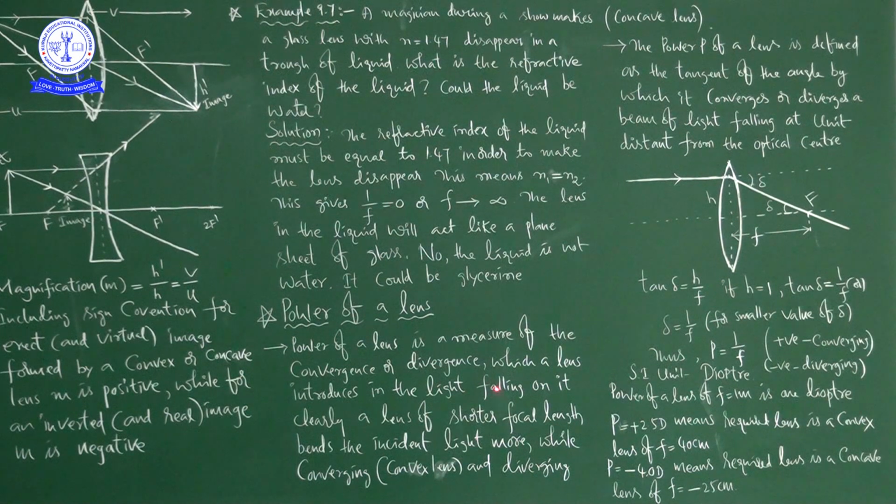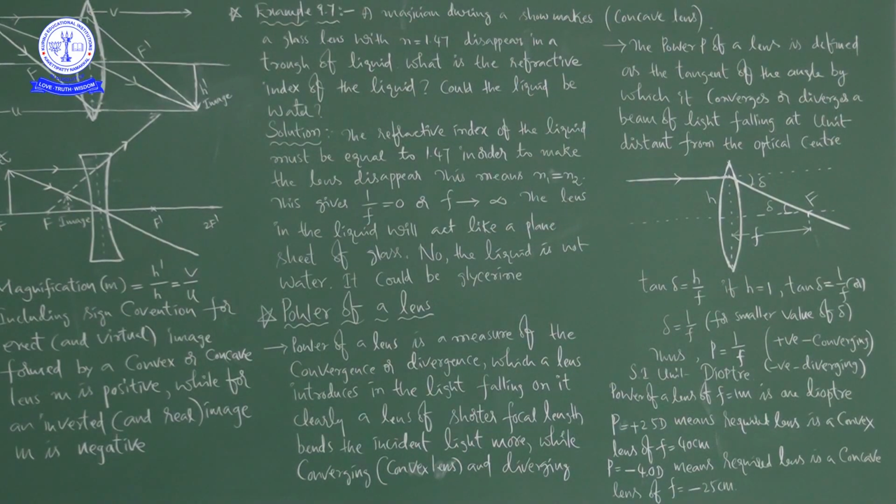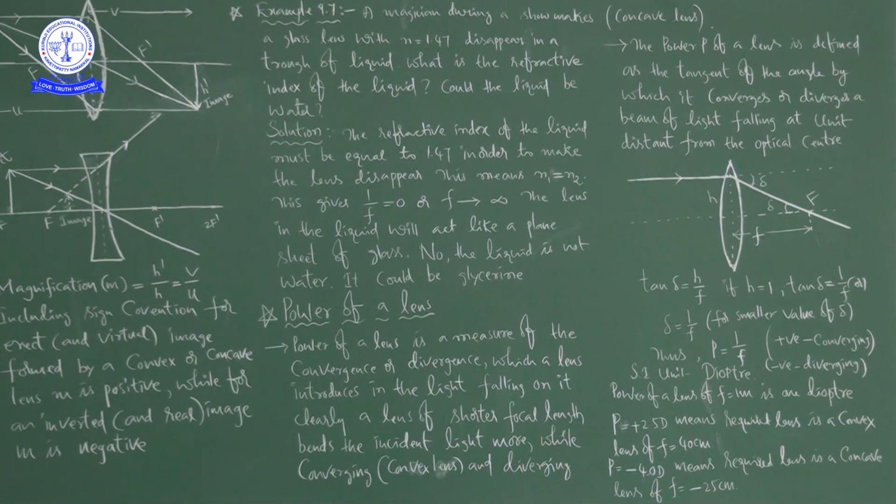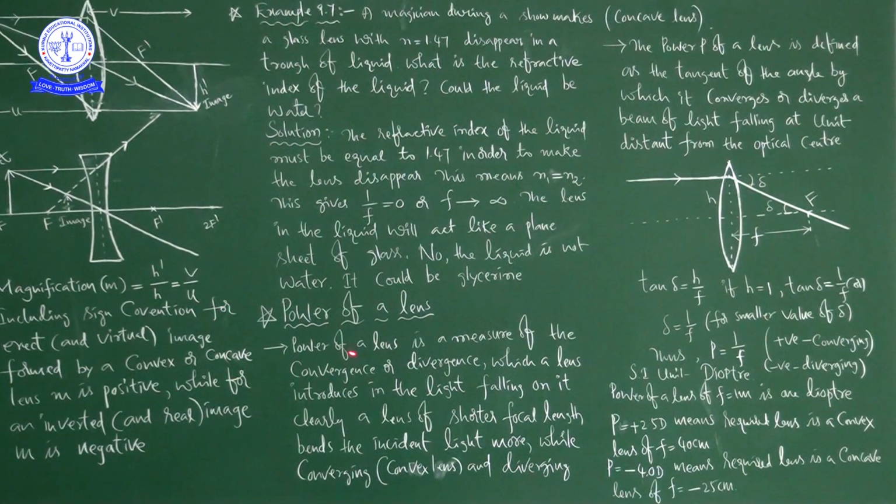Now we are going to discuss the power of a lens. Power of a lens is a measure of the convergence or divergence which a lens introduces in the light falling on it.